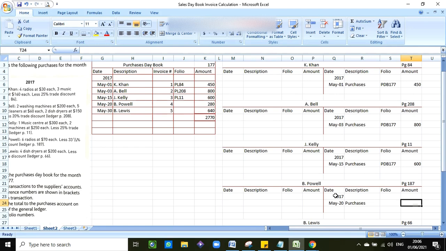Back. 280, and now let's do the folio. So again, it's purchases day book, page 177, and here PL 187.